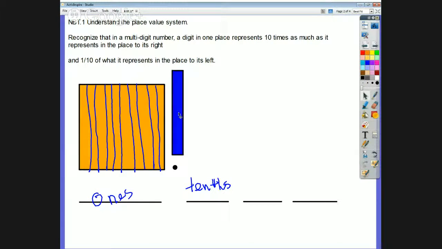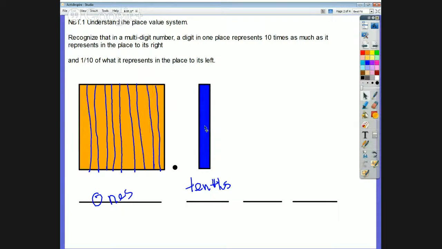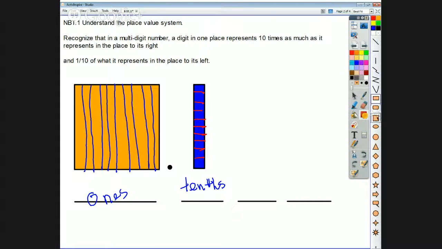So this is the tenths place. And we can take that even further. If we had this tenths place and we divided it into 10 more pieces, we're creating the next place over. The size that I'd have next would be a hundredth, because 10 times 10 is 100.